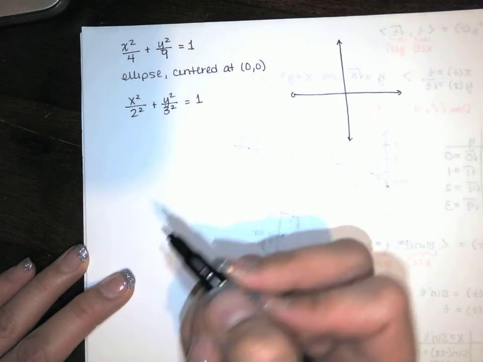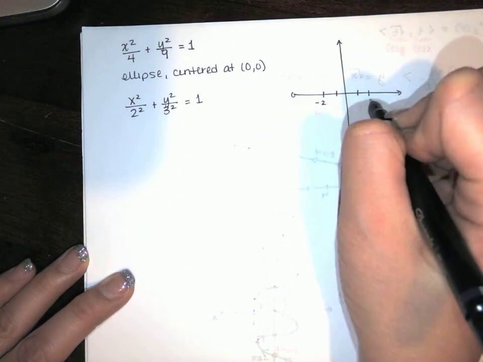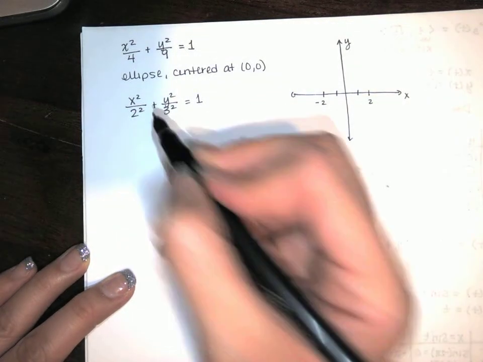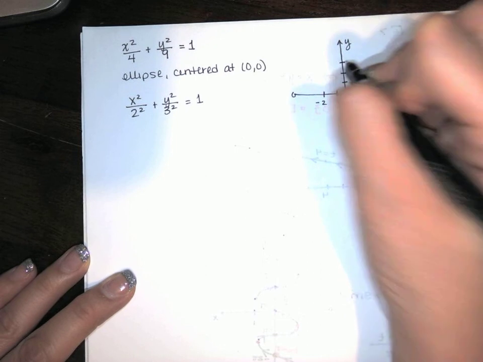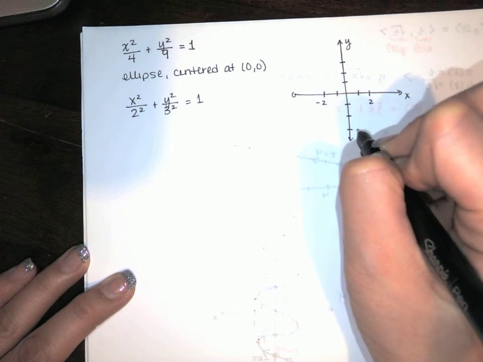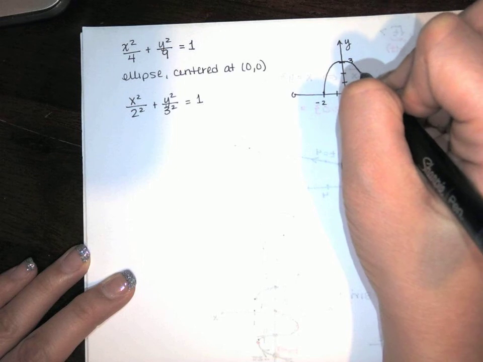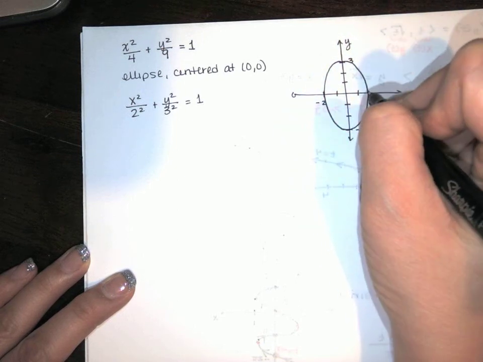Since there's a 2 squared under the x, we're going to go plus and minus 2 units in the x direction. And because there's a 3 squared under the y, starting at our center, we're going to go plus and minus 3 units in the y direction. And those 4 points are on our ellipse, and it looks like this.